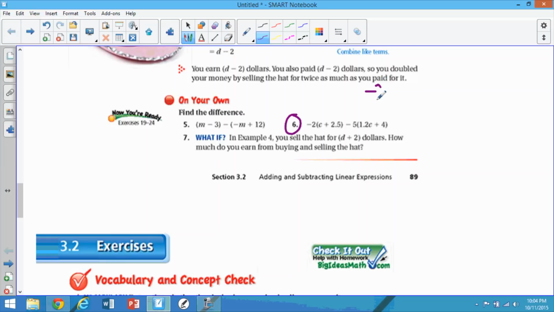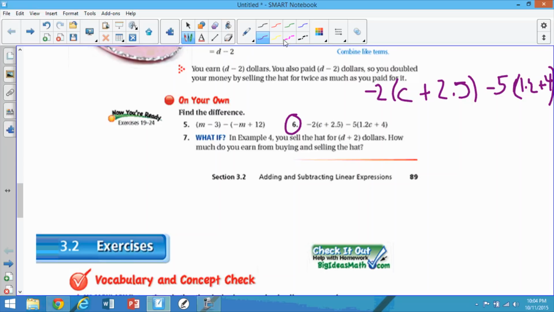It's negative 2 times c plus 2.5, and then it has minus 5 times 1.2c plus 4.